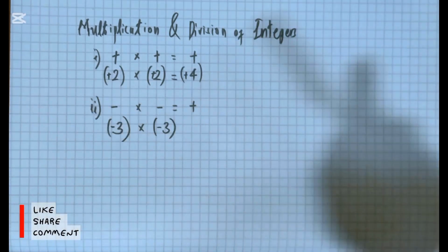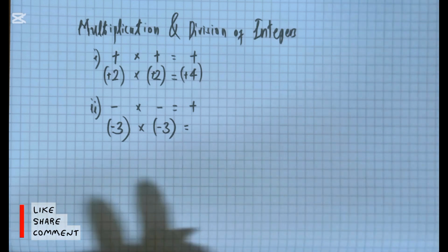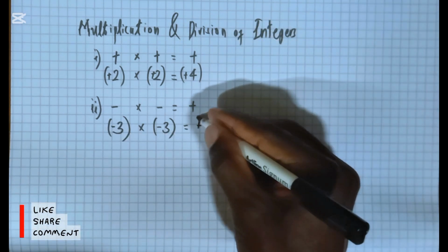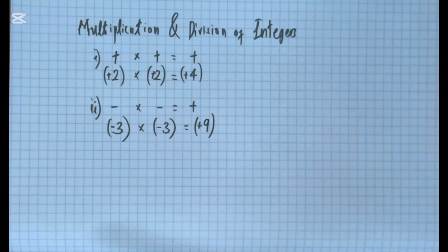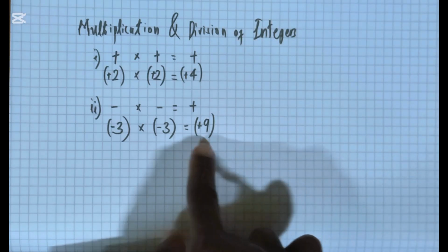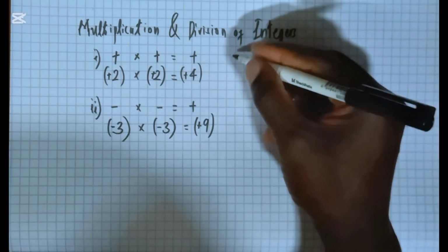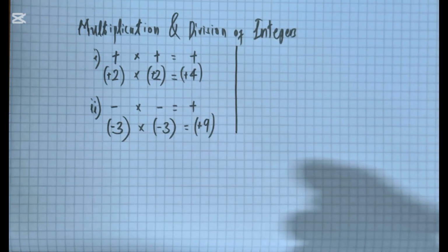So anytime I multiply two negative numbers, I expect that I get a positive number. That's going to give me positive 9, or I can just write 9. Remember, when you're writing integers, you don't have to include the positive sign if it's a positive number. Of course, if it's a negative number, it's a different case; then you always have to indicate that. So those are the first two rules I want you to observe when you're multiplying integers.